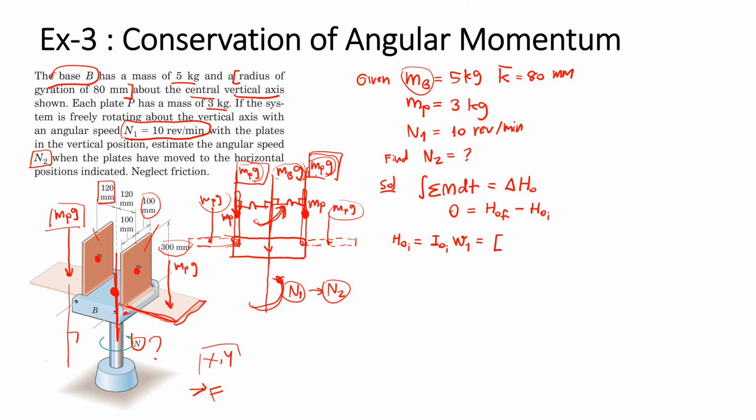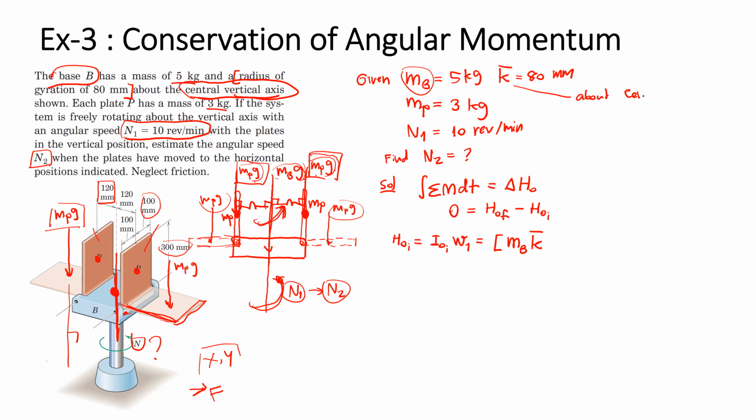So the first part of the moment of inertia comes from the mass of the base B multiplied by the radius of gyration about the central vertical axis.